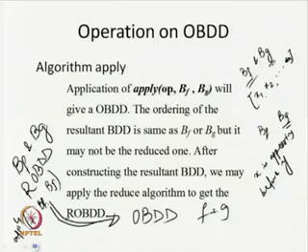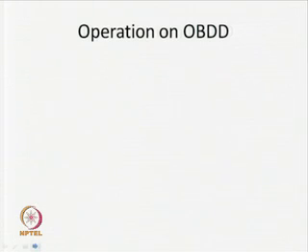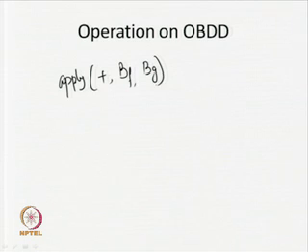Okay. So, after the apply algorithm, what can we do? We can use the reduce algorithm to get the reduced ordered binary decision diagram, the ROBDD. So, basically what happens? We use the apply algorithm, apply some operator, say plus BF and BG.